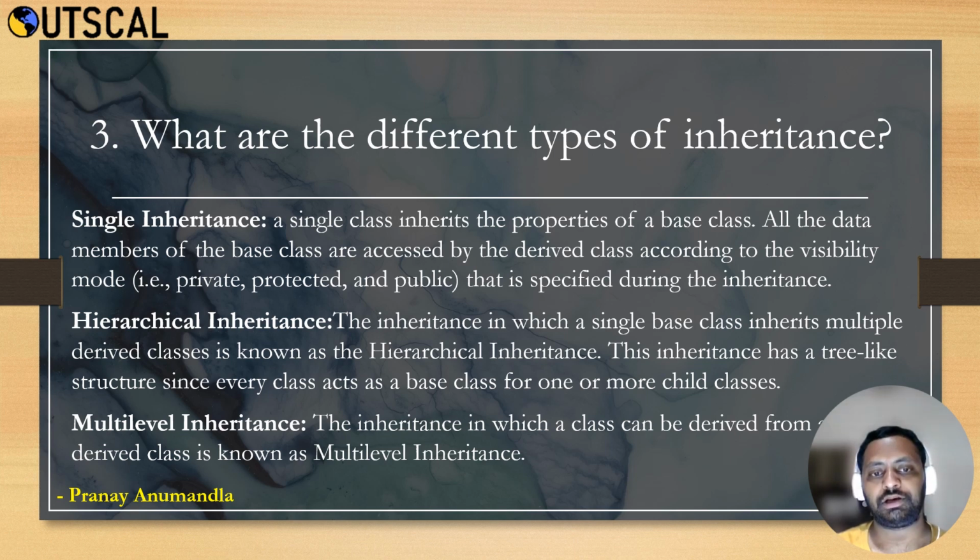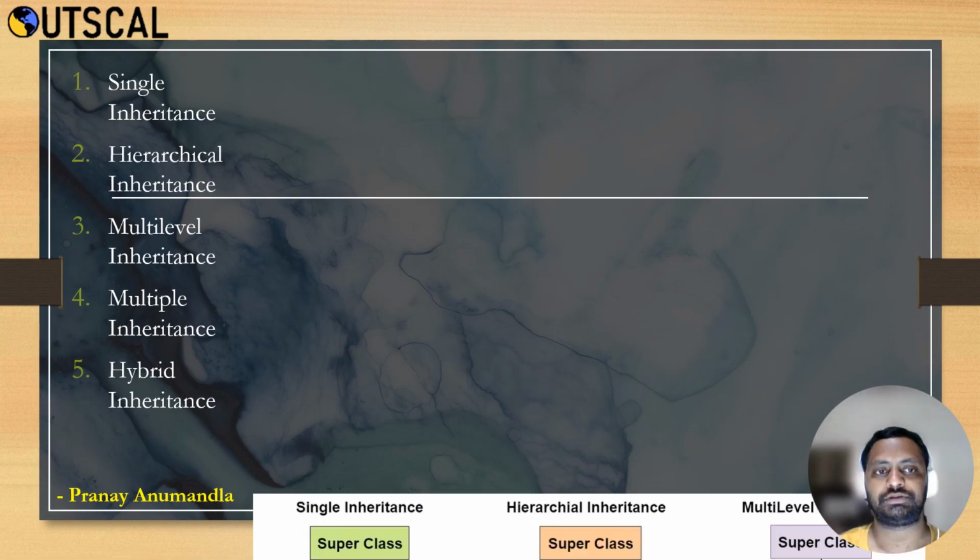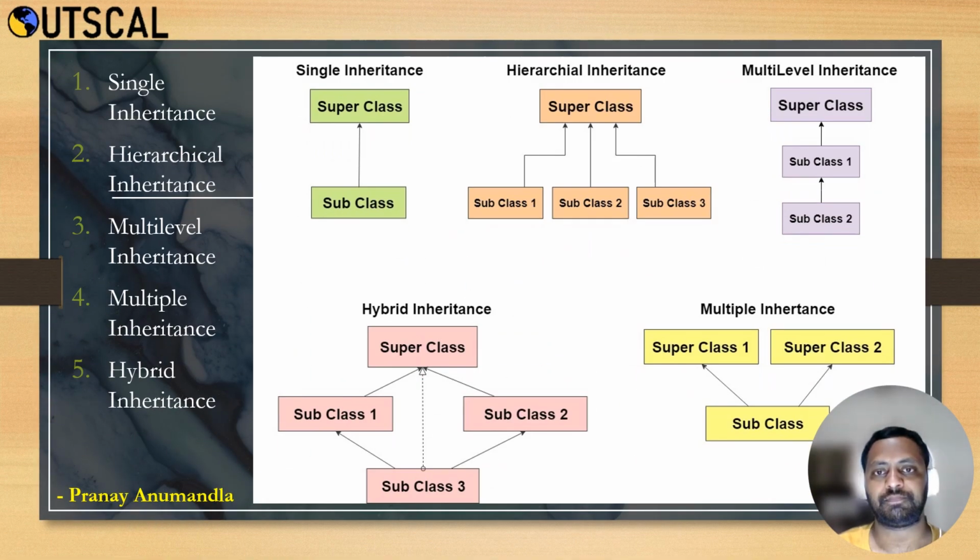Multi-level inheritance is nothing but a class will be there and another class will be inherited from the base class, and another class will be inherited from the derived class itself, like chain classes. One base class, then it will have a child class, and the child class will have another child class like this. This is the structure for single inheritance, hierarchical inheritance, multi-level inheritance.